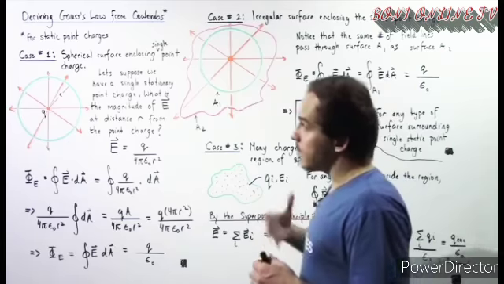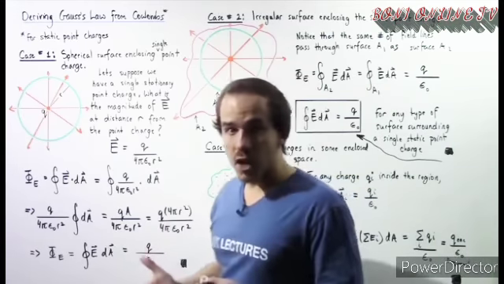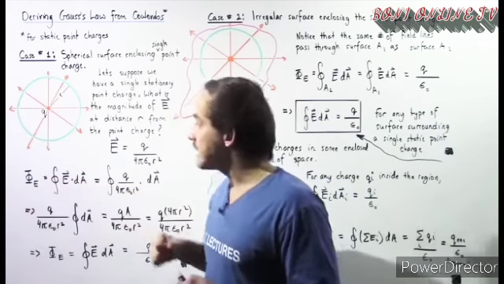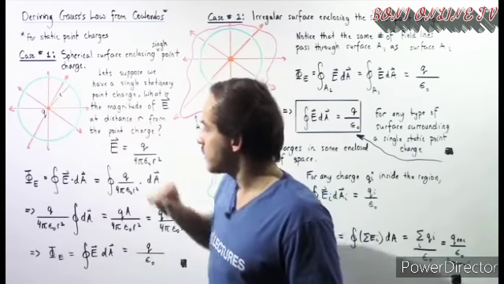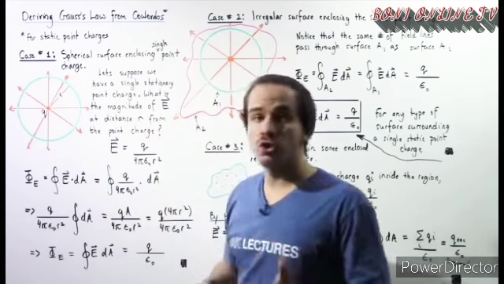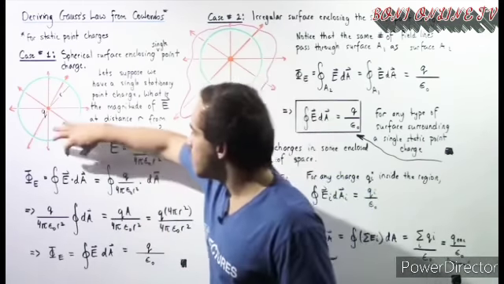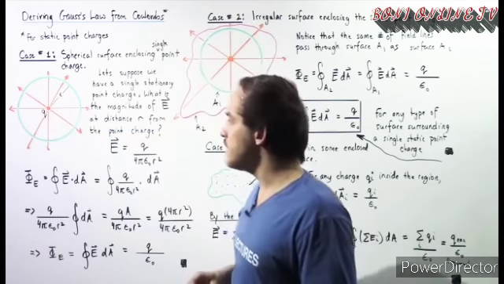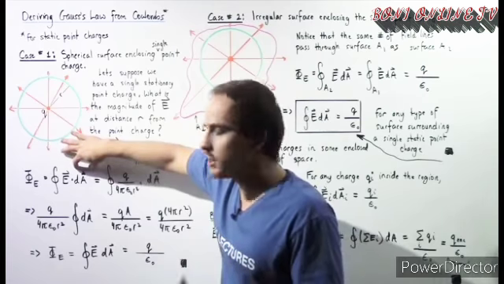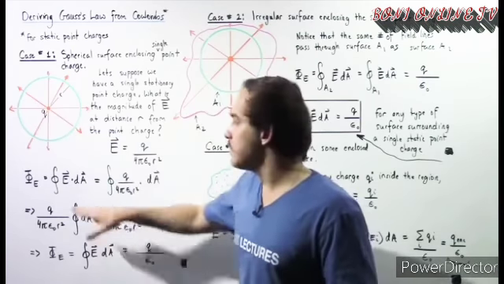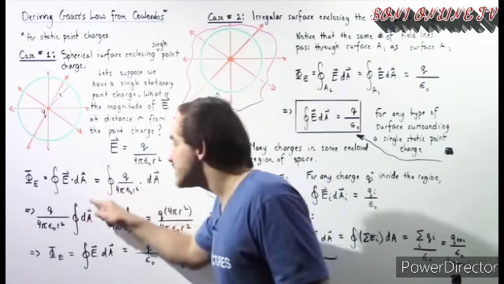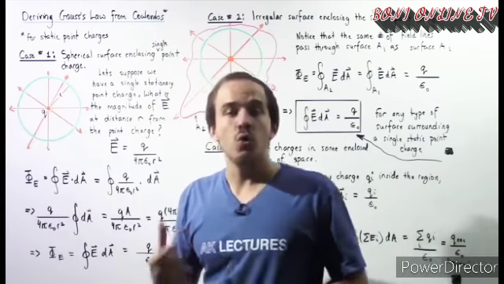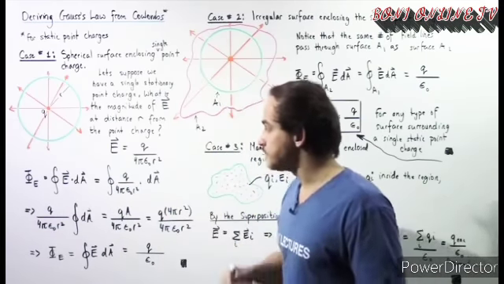Now, let's begin by stating the electric flux. So the net electric flux for this particular case is equal to the closed integral of the dot product of our electric field vector and our infinitely small area given by dA. Now, this is, by definition, what electric flux is.